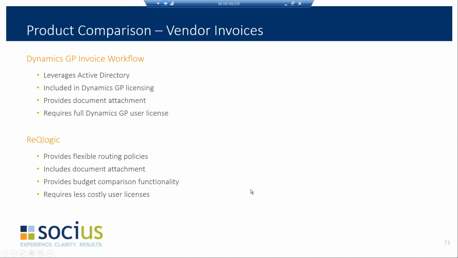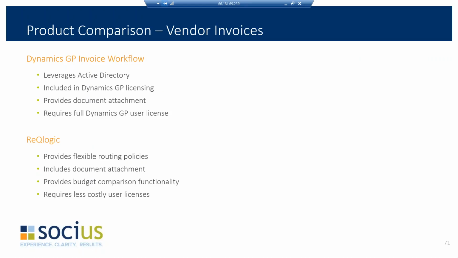So the Dynamics GP invoice workflow leverages your Active Directory, which is more of your infrastructure. It's included in your GP licensing. It does provide the document attachment functionality, but it does require a full Dynamics GP user license.